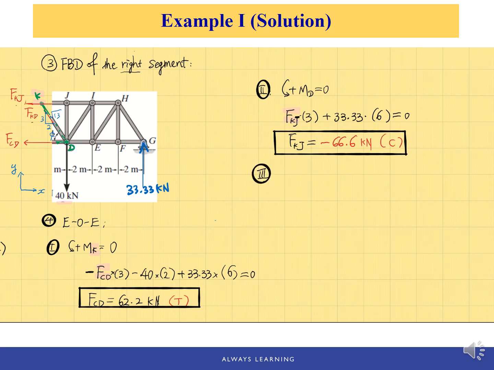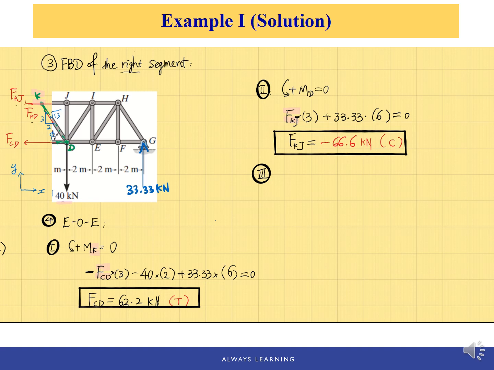For the last equation, I can choose a moment equation, or I can choose sum of Fx equals 0, or I can choose sum of Fy equals 0 to solve for F_KD. But take a look at the whole structure. F_KJ and F_CD, both forces are pointing in the x direction. Of the 3 unknown forces, only F_KD has a y component.